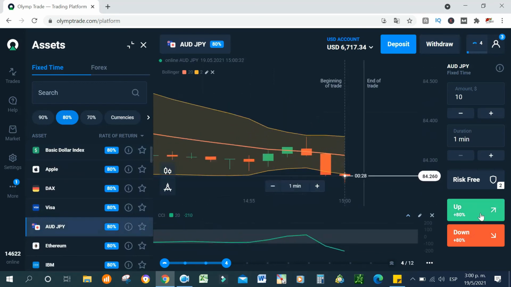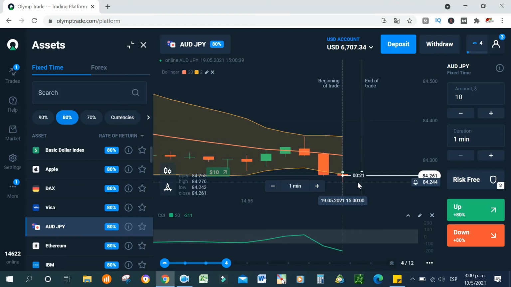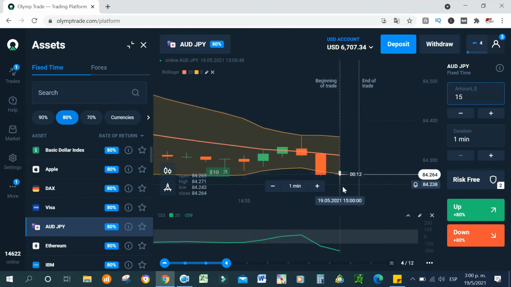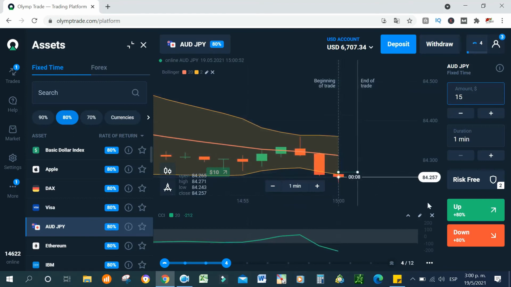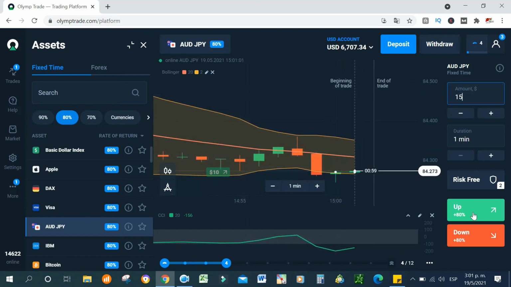Let's wait for this. All right, I think I made this entry a little bit earlier, but it's okay. I'll wait for another entry at the close of this candlestick. It's okay.